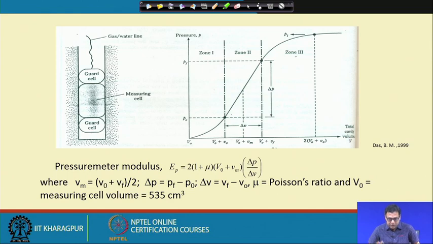With the help of P0, PF, V0 and VF values, we get the pressure meter modulus. Based on these, we determine various soil properties. Similarly, the SPT-N and the CPT resistance are also used to determine various soil properties.